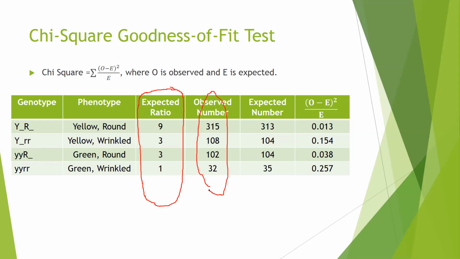By simply looking at the data, we believe this data kind of agrees with the expected ratio. So what is the expected ratio here? The expected ratio means given the model is correct, given the null hypothesis is true. So what is the null hypothesis here? The null hypothesis is that the two genes controlling these two phenotypes are located on two different chromosomes.